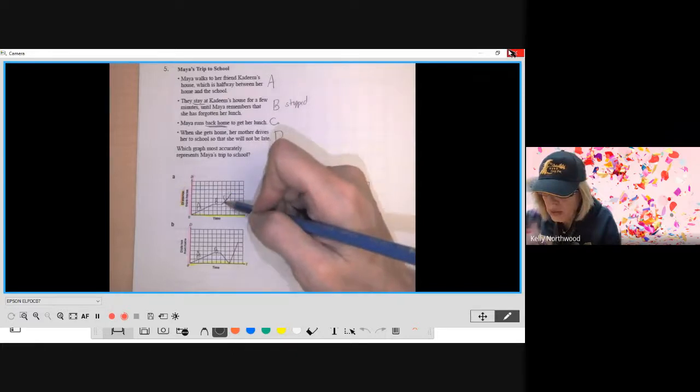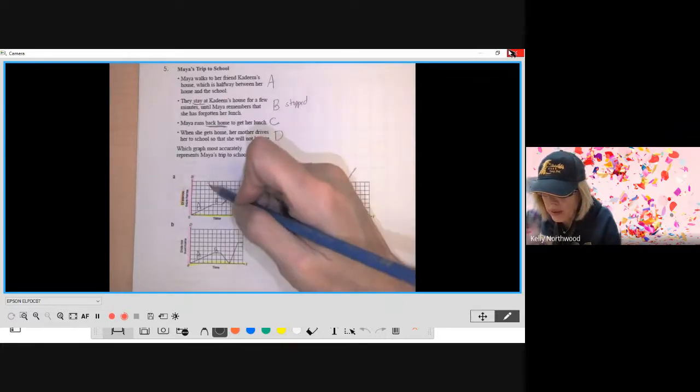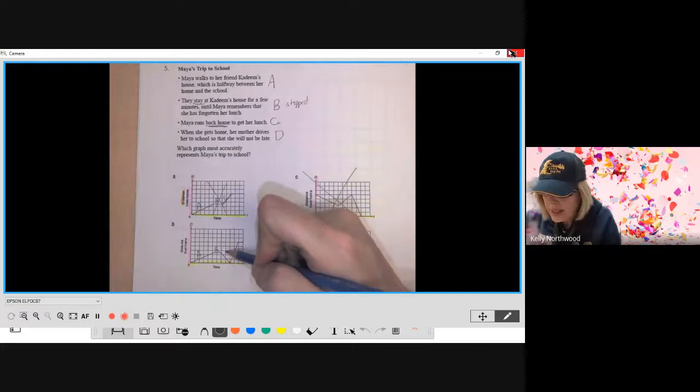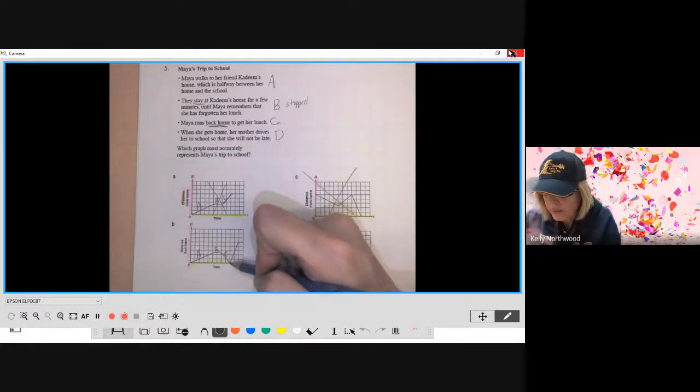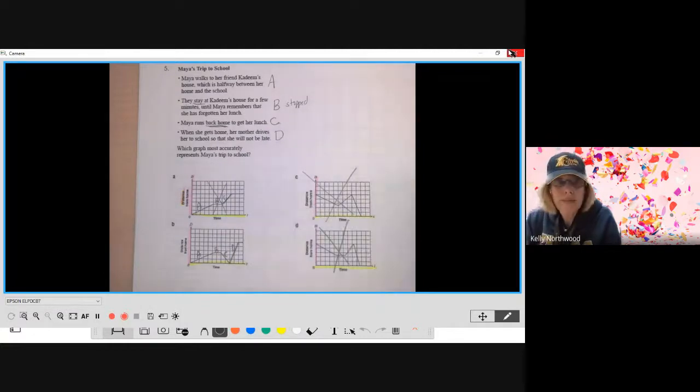She's not running back home, she's getting further away from home. So in this case, you see she goes all the way back to 0, all the way back home. And then in part D, her mom drives her to school. That's why it's the steepest one, because she's driving instead of walking. So it's got to be B.